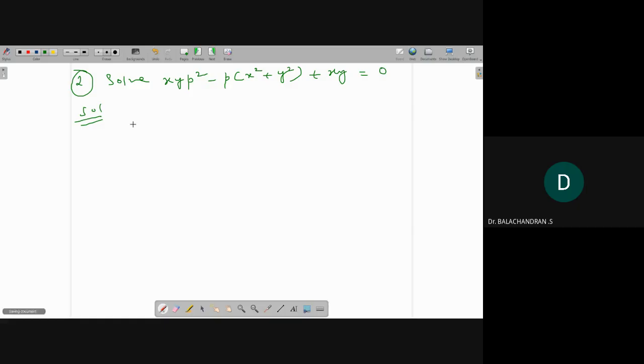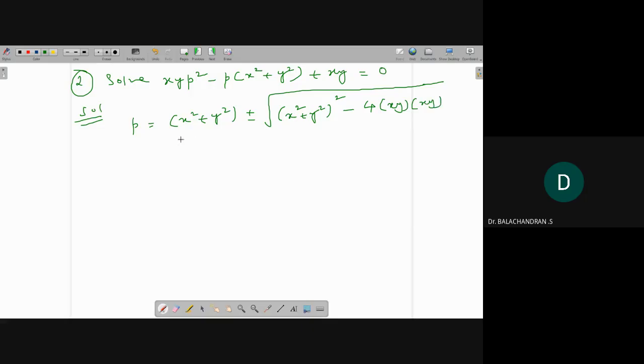So you know how to find the roots. p equal to minus b, so minus of minus, x square plus y square, plus or minus root of b square, x square plus y square whole square, minus 4 into a which is xy, c is also xy, by 2a, 2 into a which is xy.